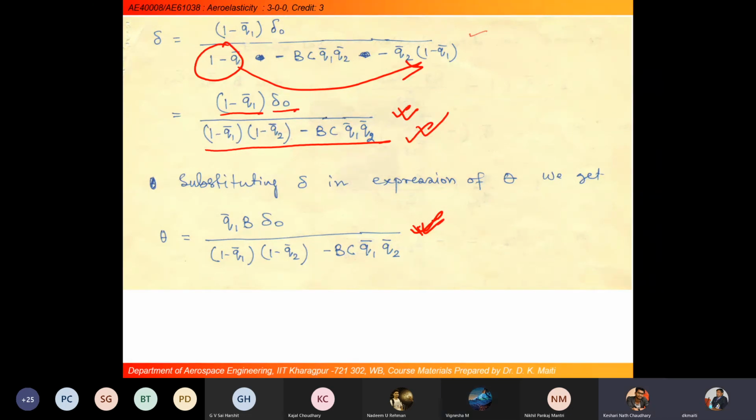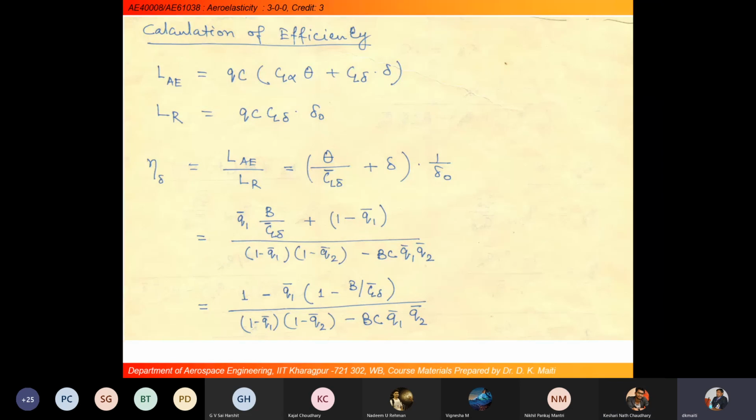Okay. Then I am coming to the next part, the calculation of efficiency. Similarly, we'll be calculating efficiency here. Aeroelastic efficiency means aeroelastic lift LAE will be Q into C multiplied by CL alpha into theta and CL delta into delta, and similarly the rigid part will be QC CL delta into delta naught.